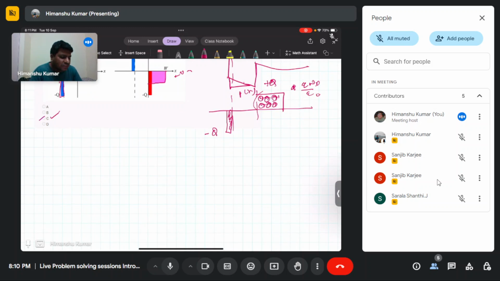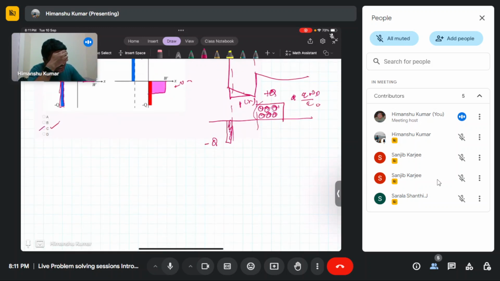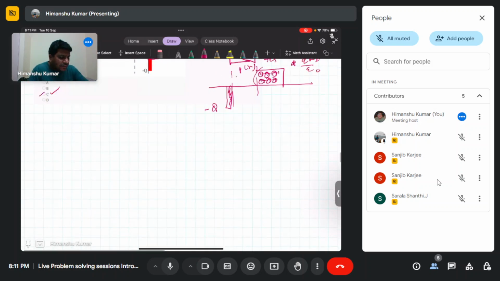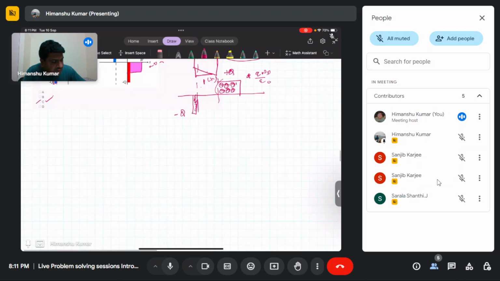In this region there are two types of electric field, so you can apply Gauss law in the different regions: Gauss law in the semiconductor region and Gauss law in the oxide region. In the semiconductor region, the Gauss law is dE by dx equals minus q N_D by epsilon.